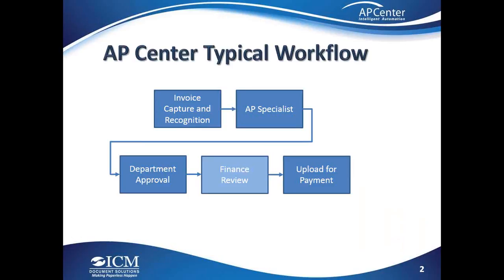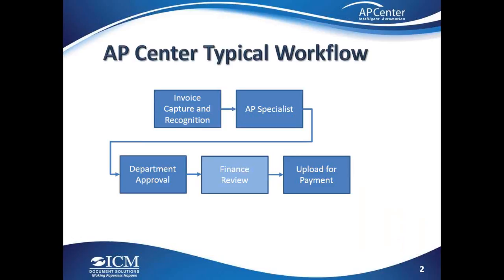Once the invoice has been approved, it's typical for organizations to want a final finance approval or finance review step so that somebody can put their eyes on it at the end and finally say, yes, this is ready to be exported to the ERP system. And finally, on the back end, we have the ability to pull in payment information after the process is complete.